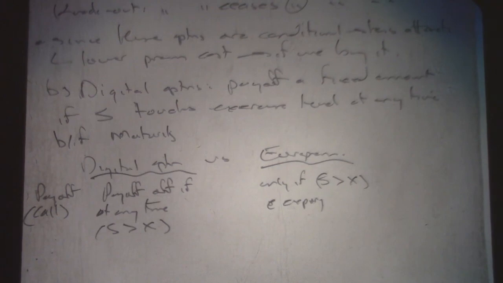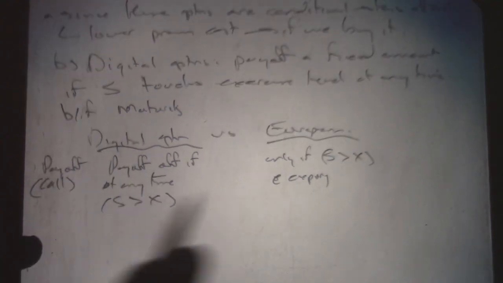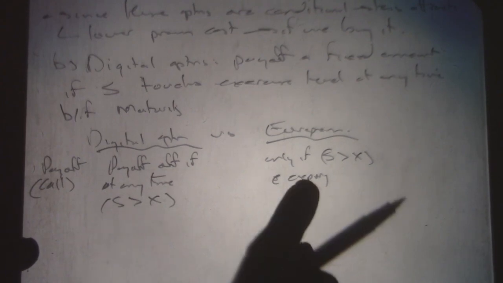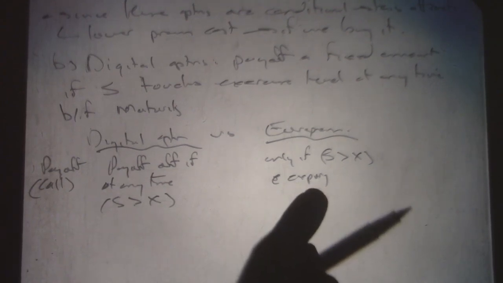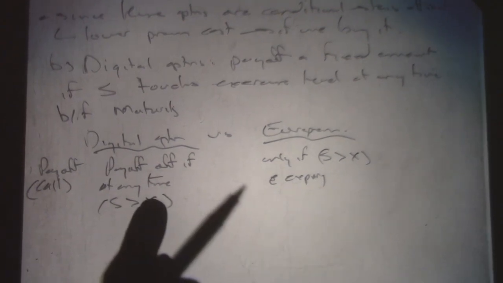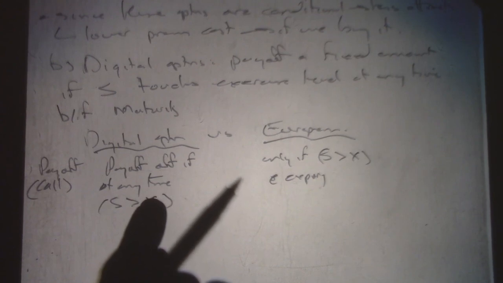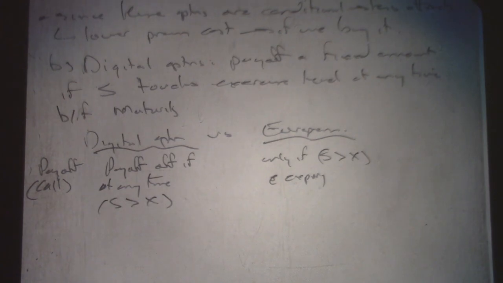We're not going to go into that much detail, guys. But the thing is, which is more attractive? This only pays off if S is greater than X on expiry. This says you're guaranteed a payoff if at any time the spot exceeds the strike price. So which is more attractive? Digital. So this one is more attractive.